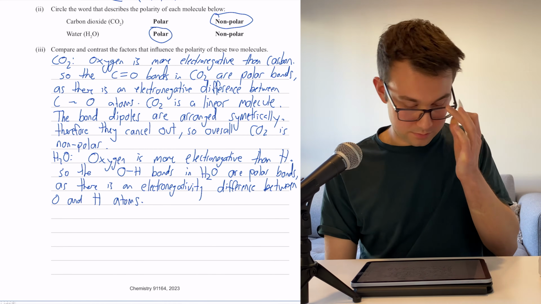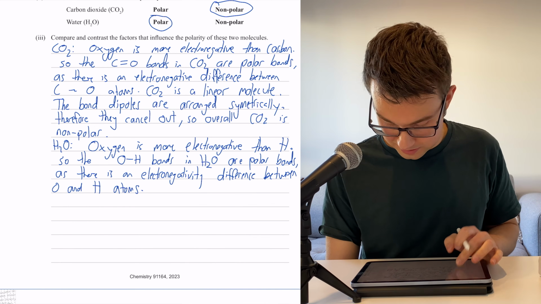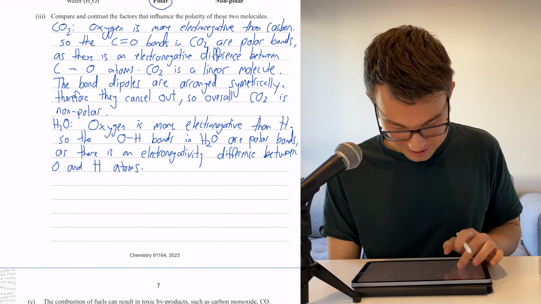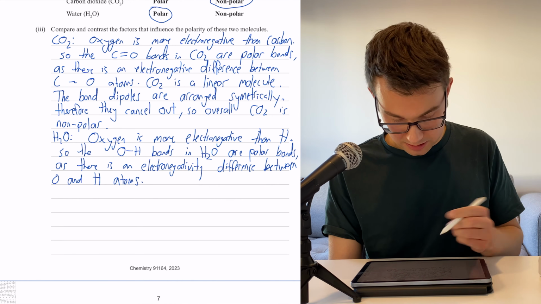Okay, yep. Is my writing legible? Not really, but I'm speaking at the same time, so maybe you could figure it out. Cool, so we've said there's an electronegativity difference.